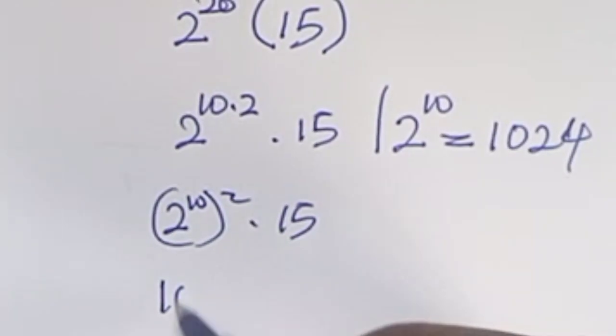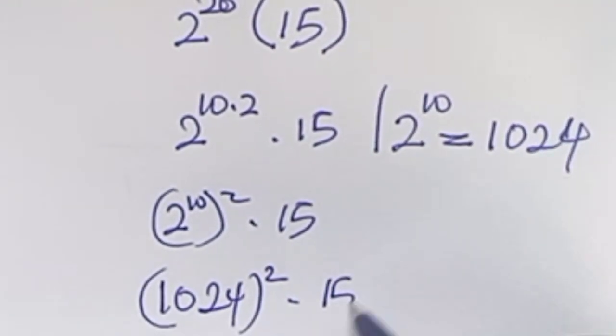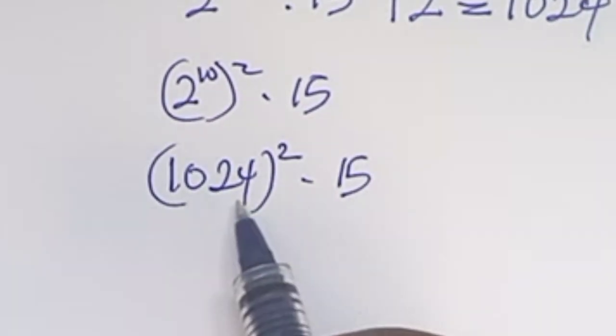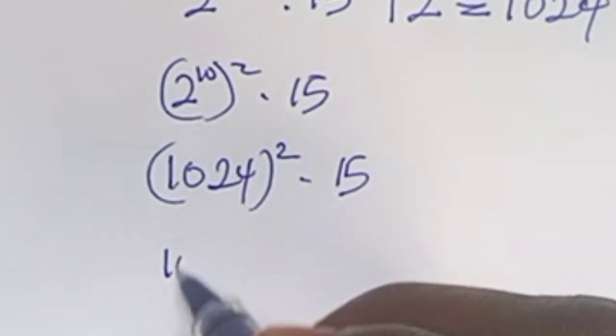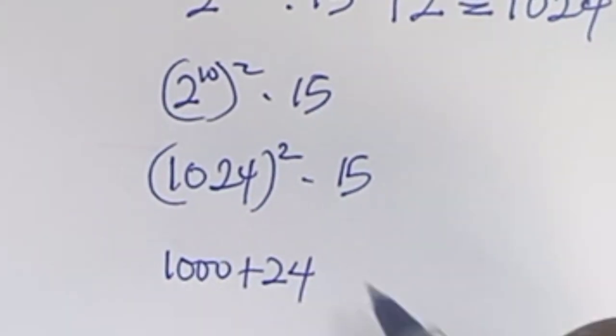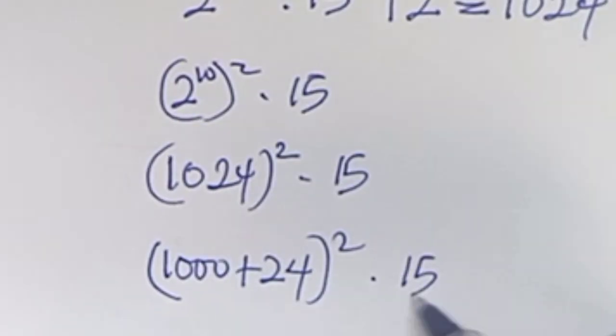And here, 1024 to the power of 2 times 15. And again, we can split 1024 as 1000 plus 24, all to the power of 2, times 15.